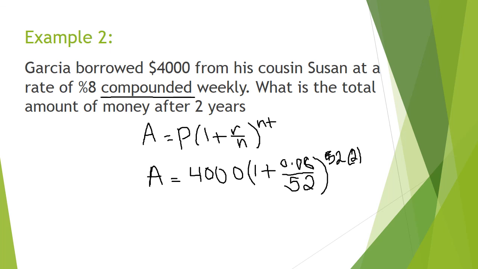And the final amount is going to be A equals 4,693, and after I round to the nearest cent, it's going to be $4,693.47, which is the final amount of money after 2 years.